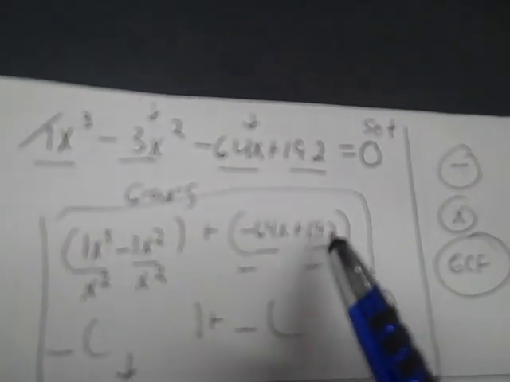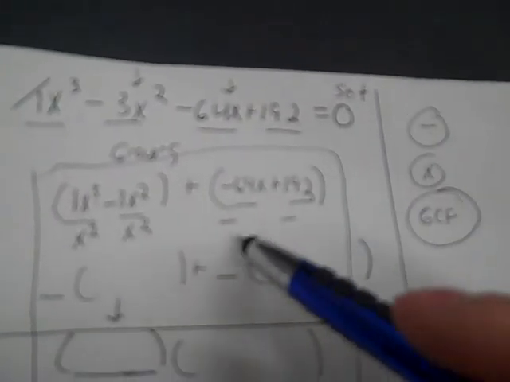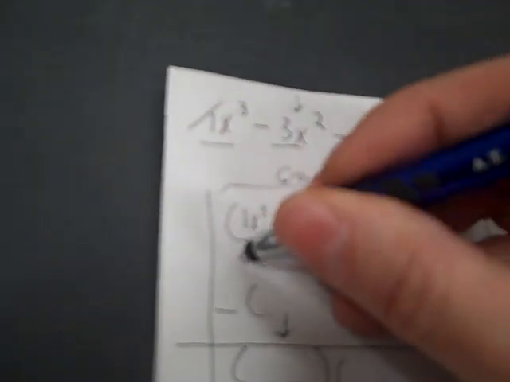Both of these do not have x's. 192 doesn't, so I don't put x there. Then I GCF the numbers, okay? 1 and 3. GCF's going to be 1, okay? So I'm going to put a 1 with my x to the 2nd. Okay, then 64 and 192. Okay, it says GCF 64, so I put a 64 with my negative.